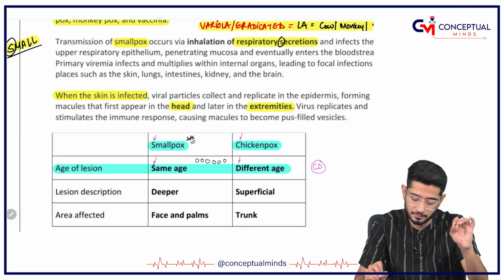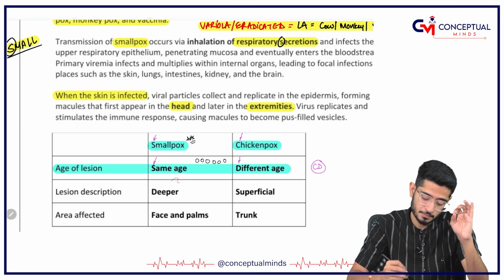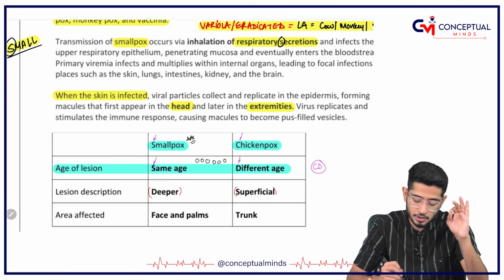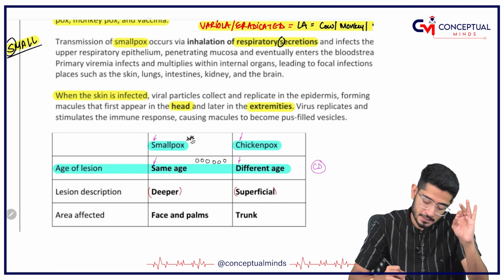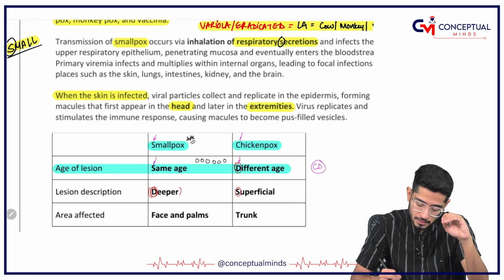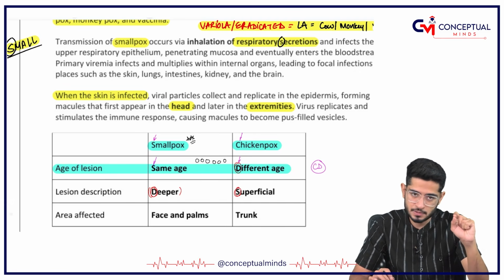But one thing, my dear friends, if I talk about the lesions, remember, smallpox has deeper lesions, chickenpox has superficial lesions. So the D now comes in smallpox. Earlier D was in chickenpox, here deeper is smallpox, whereas superficial is chickenpox. Clear? Which is the area affected?